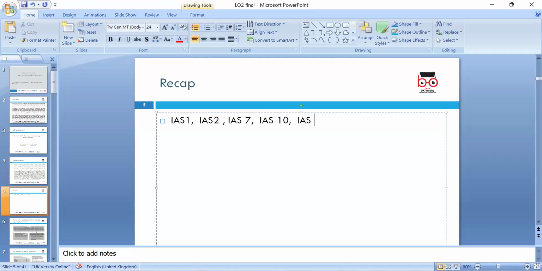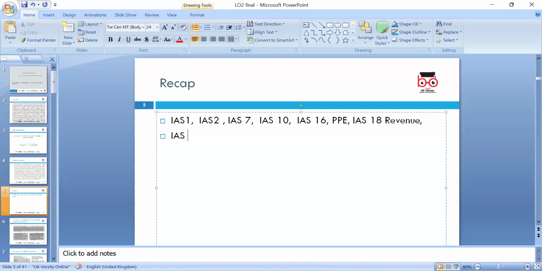We discussed IAS 16, which is about property, plant, and equipment, and IAS 18, revenue, about how we can treat other income in the books of accounts.